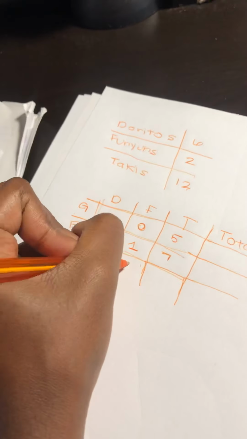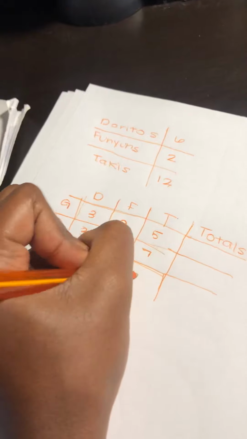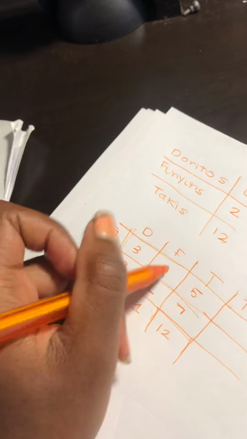When you add the girls and boys for Doritos, you get 6, 1 for Funyuns, and 12 for Takis. When you add this up, you get 8 girls took part in the survey, and 12 boys took part in the survey. And then altogether, 20 people participated. Right.